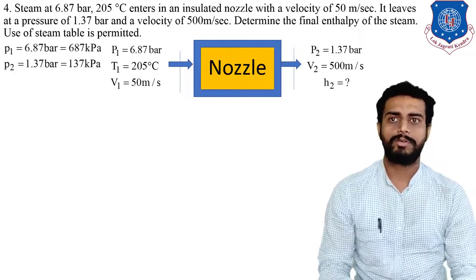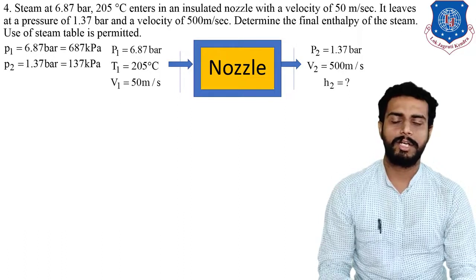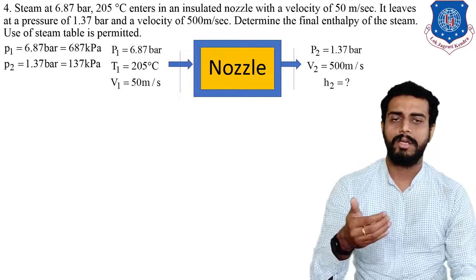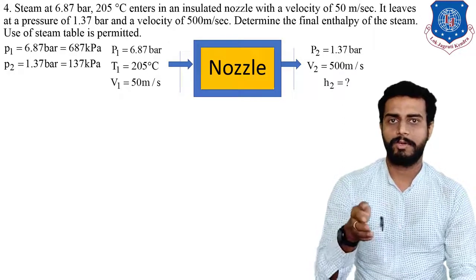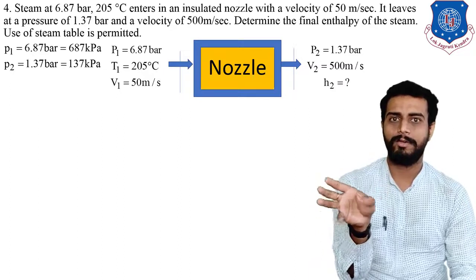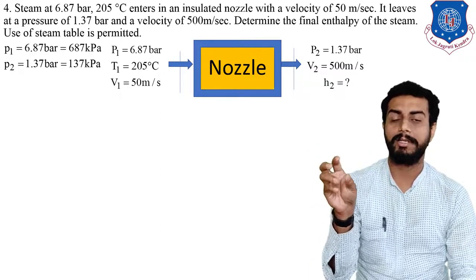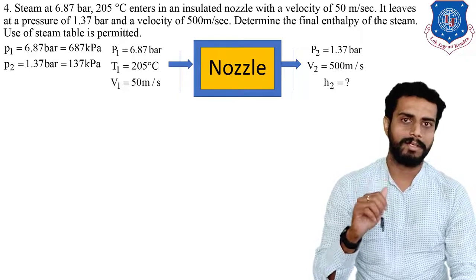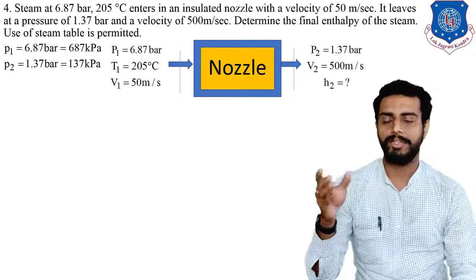In order to do so, we will first convert these pressures according to the steam table we are referring to, because the steam table will have a certain unit of pressure. For example, the steam table which I am referring to has pressure unit kilopascal, so I will convert this bar into kilopascal.